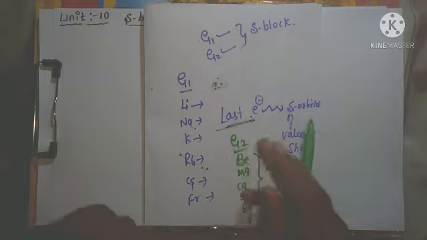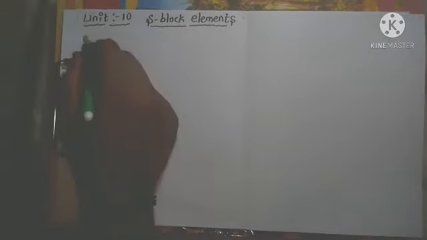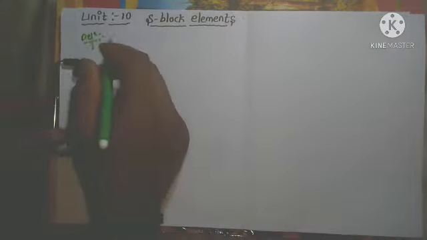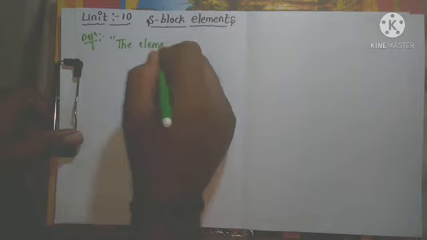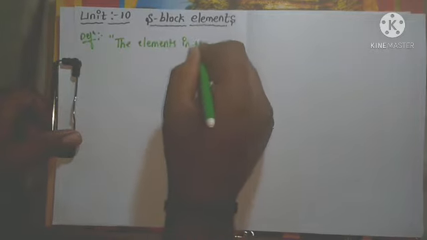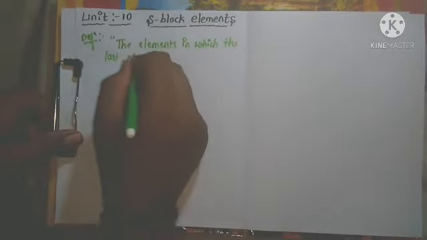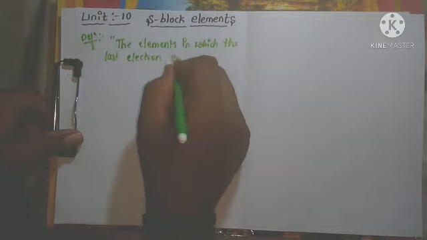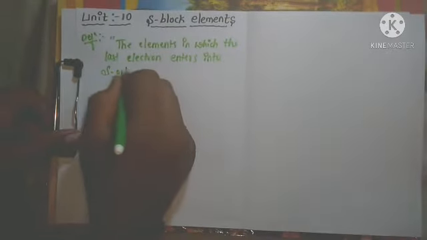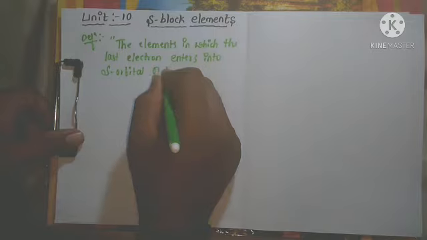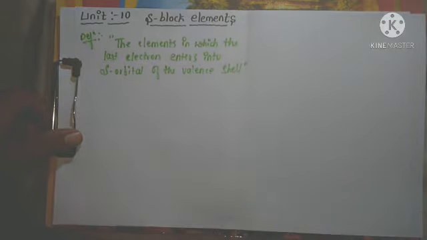That is only I am writing as the definition. The definition for the S block elements is: the elements in which the last electron enters into the s orbital of the valence shell are called S block elements.